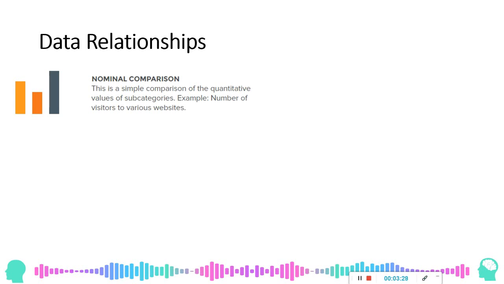Based on that, you know which type of chart works best. This nominal comparison is the simplest comparison ever. The example here is the number of visitors to various websites.